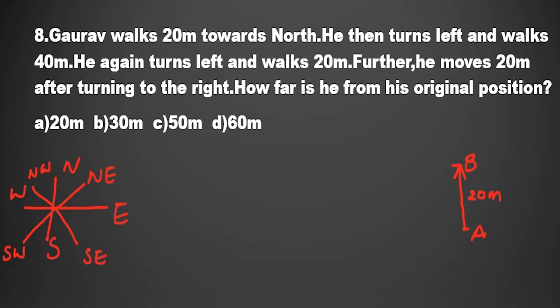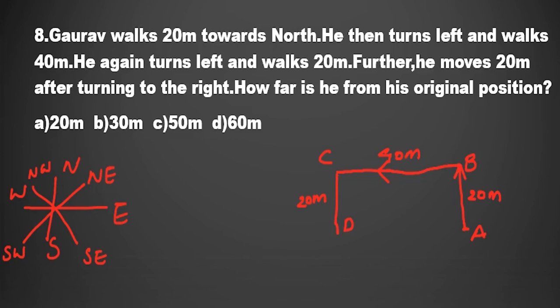Left of B is west direction, and he walks 40 meter up to C. He again turns left and walks 20 meter. From C, he walks south direction up to 20 meter, and let the point be D.